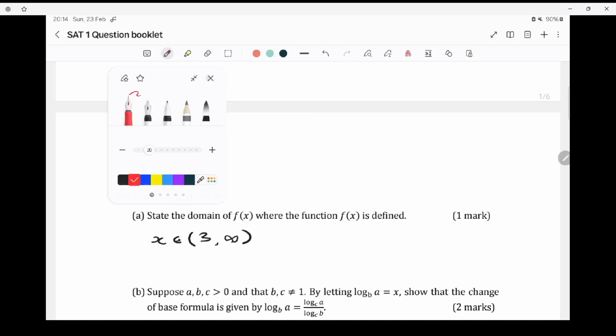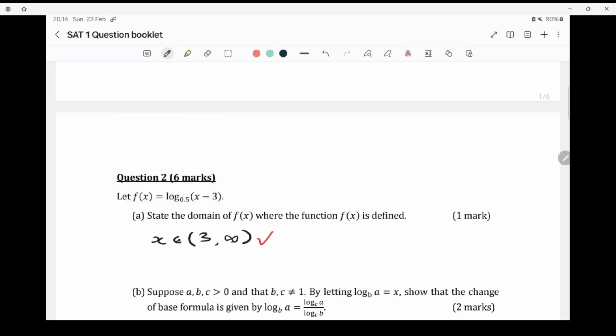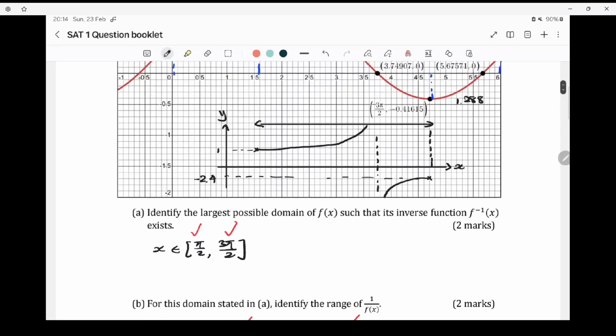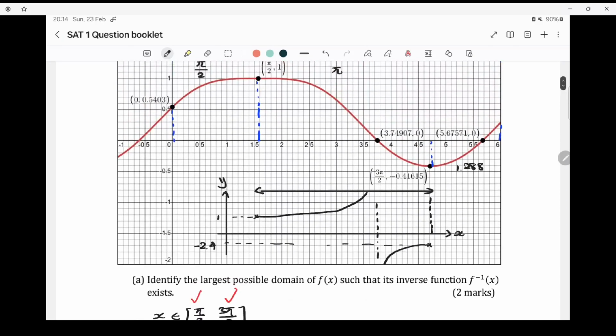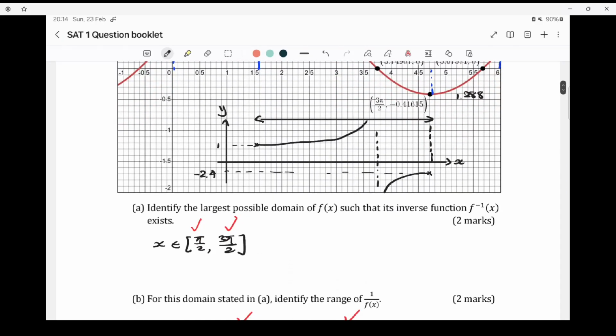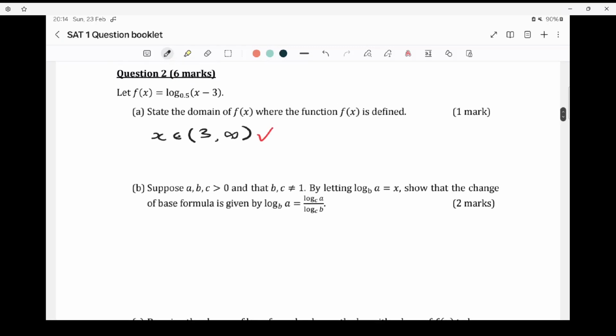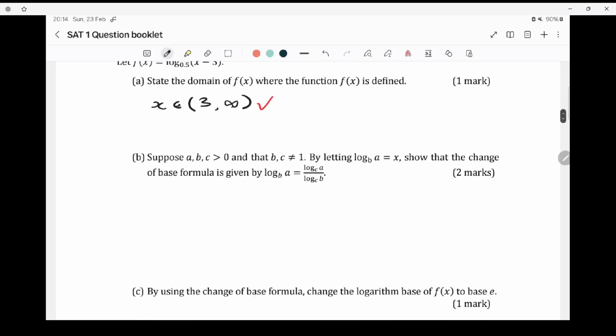This is an easy question, so you will just get 1 mark. Whereas over here you can easily make the mistake, which is why I divided it into 2 marks over here. But this is just reading from your logarithm graph, which is why it's just 1 mark.